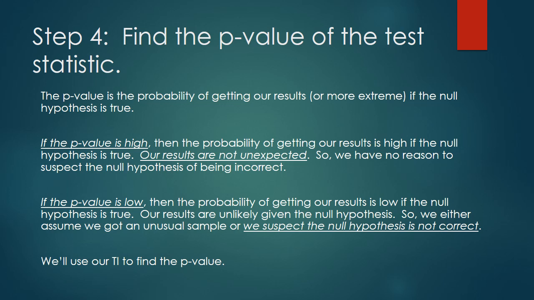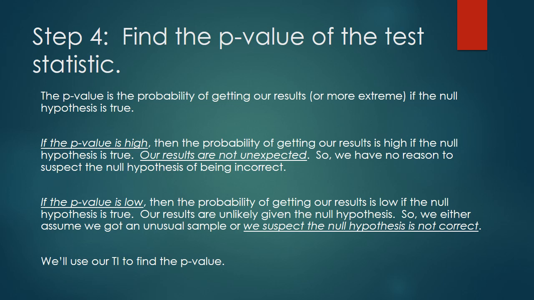If something has a high probability, that means it's not unusual, it's not unexpected. We would expect to get those results if our null hypothesis is true. So we have no reason to suspect that there's anything wrong with the null hypothesis. If we have a high p-value, then our results are close enough to the null hypothesis that we figure, yeah, null hypothesis is probably just fine.